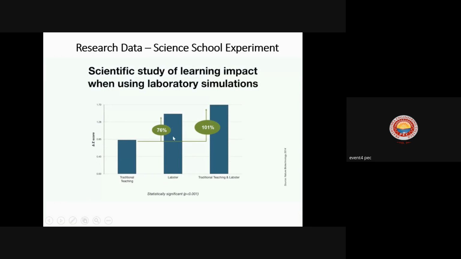What we find, of course, in the same data, is a 76% enhancement when we move from the traditional teaching scheme to VR. Further, it is more interesting when we make a combination of the traditional teaching and VR. From Labster alone there is a marginal improvement, but compared to traditional teaching, you will see almost 101% enhancement in this learning score.